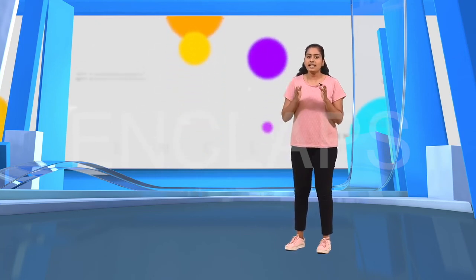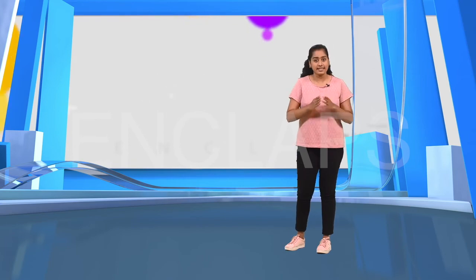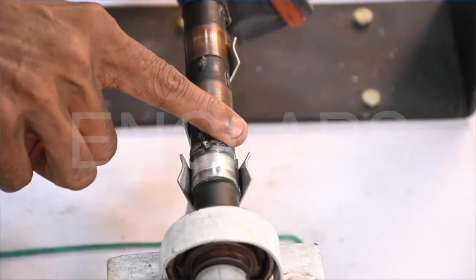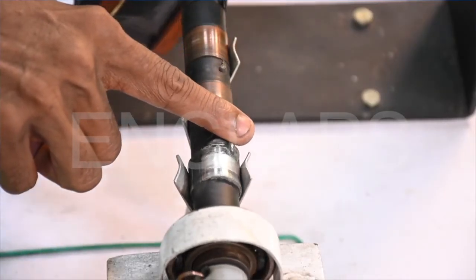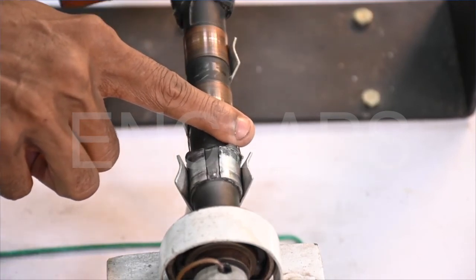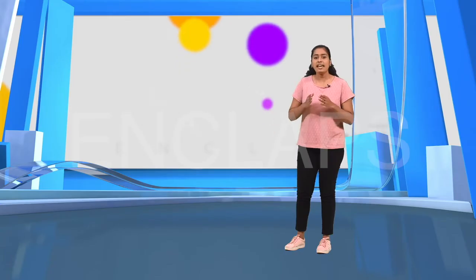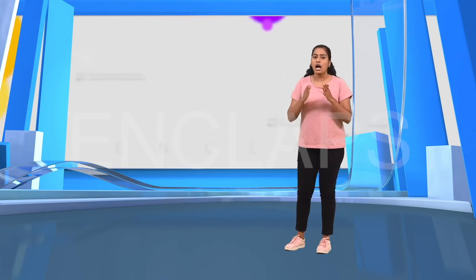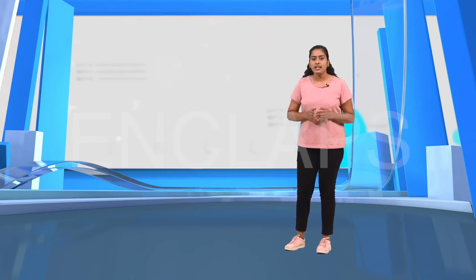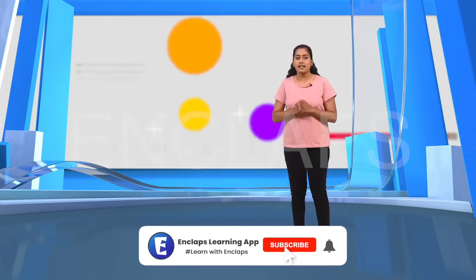To be more precise, the current which is generated in the armature was AC. But since we use split rings instead of slip rings, and since the split rings are commutating, we are getting DC as the output.